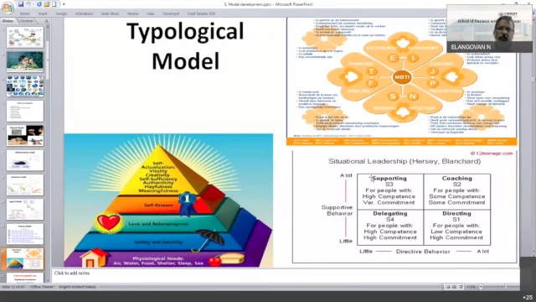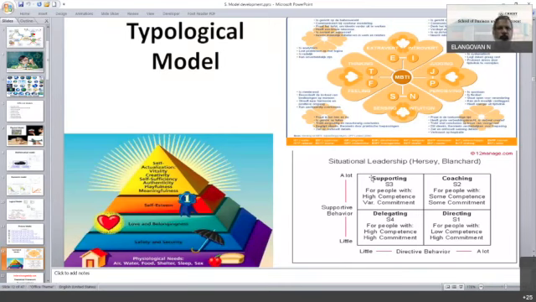Sometimes this typological model may be arranged into a kind of hierarchy. So then we can call that a topological model. So there is a kind of hierarchy, or there is some order in it.